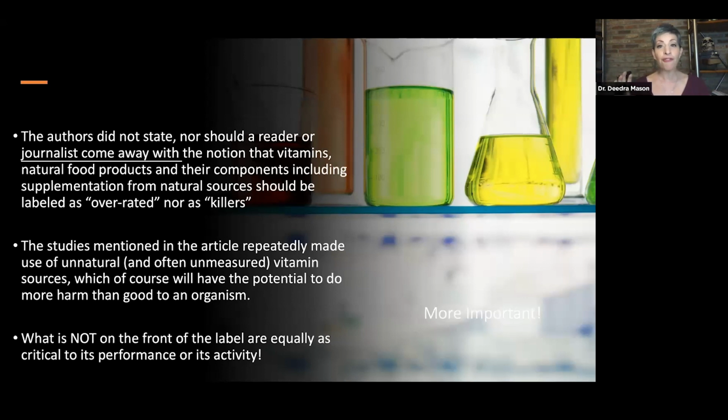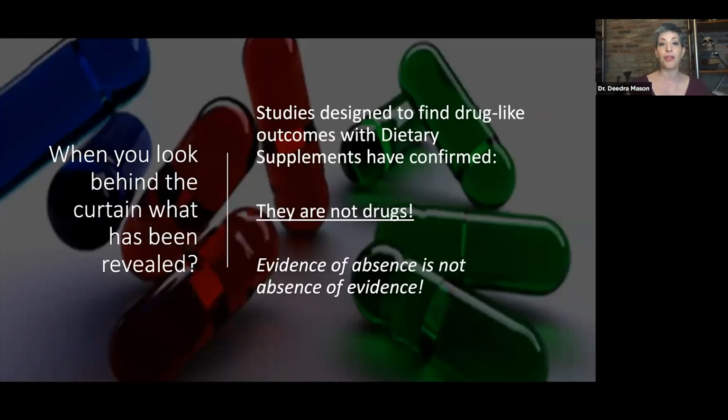Meaning, what's on the front of the label may sound very special, but we should also look on what's on the back of our labels to make sure that we're not taking supplements that have a bunch of fillers and binders or new to nature molecules in them themselves. When you look behind the curtain, what I want you to know is that studies designed to find drug-like outcomes with dietary supplements have just simply confirmed one thing: supplements aren't medications.